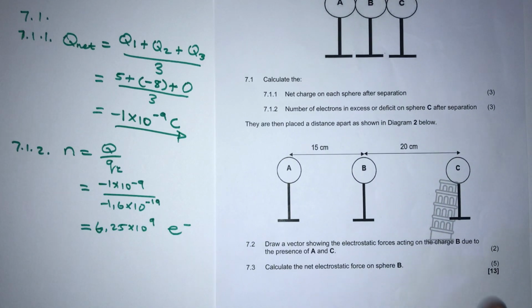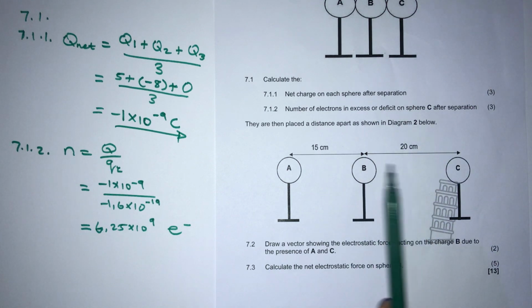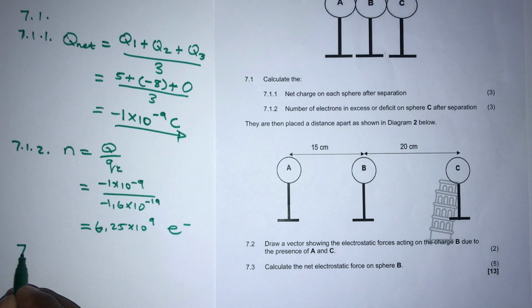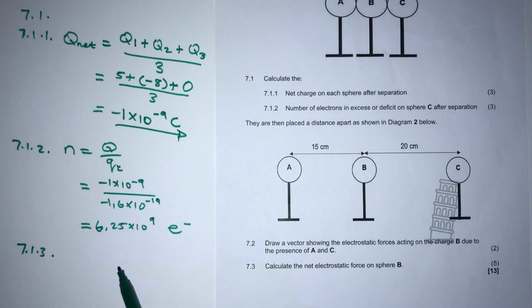And then 7.2, draw a vector showing the electrostatic force acting on the charge B due to the presence of A and C. It means that A and C are now exerting a force on B. We want to see the direction of the force exerted by A on B and the force exerted by C on B. So now we have to draw the free body diagram. We represent it by a dot. This is sphere B, or the charge on B.